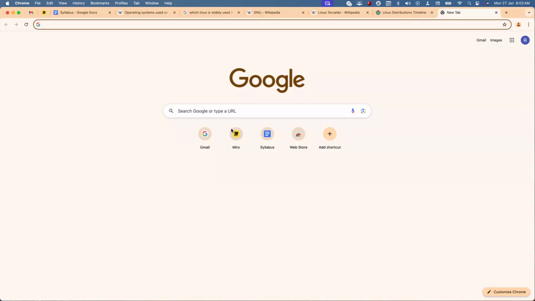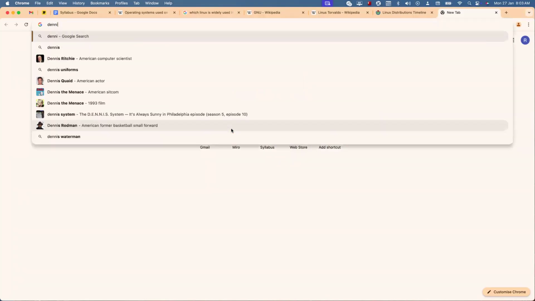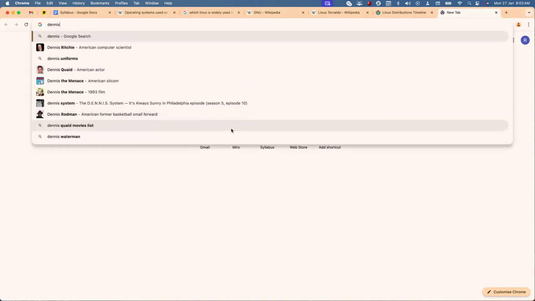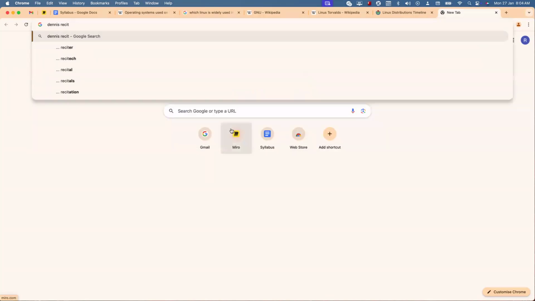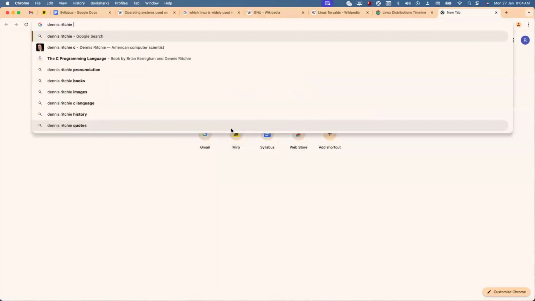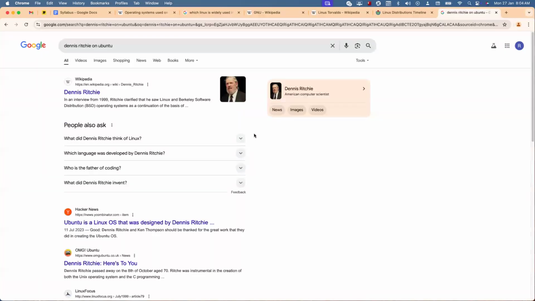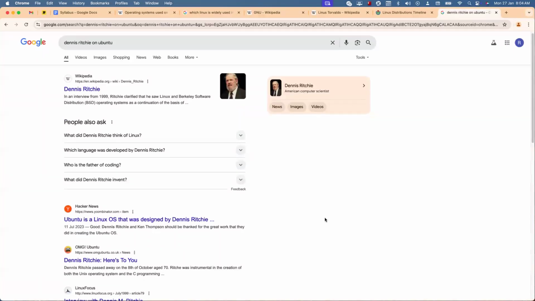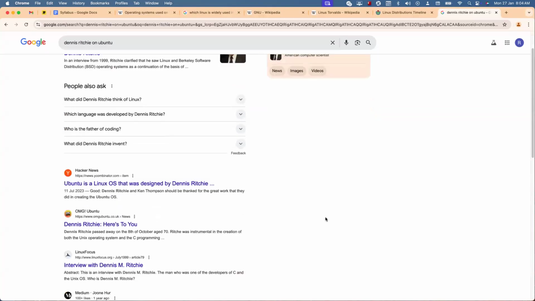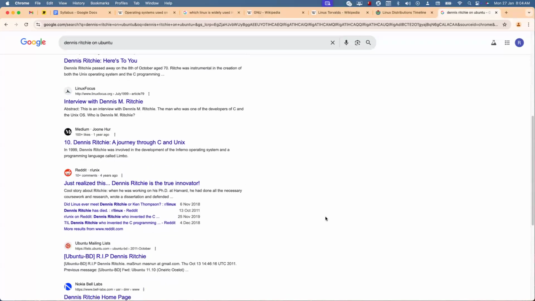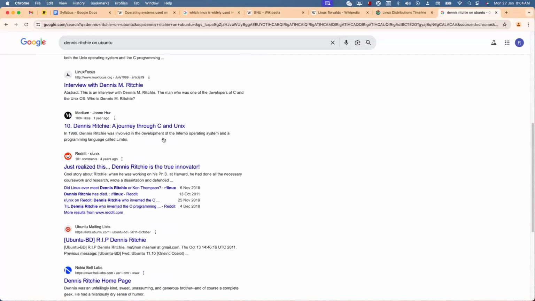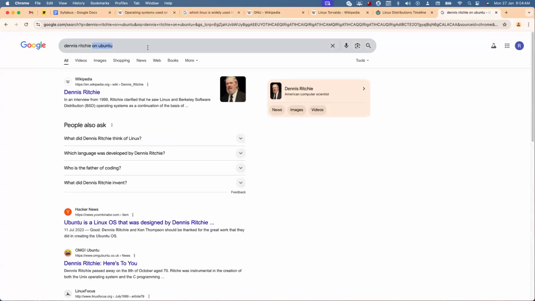There's a statement made by Dennis Ritchie that caused the problem for Ubuntu, by the way. Early 2010s. Dennis Ritchie, a comment on Ubuntu.